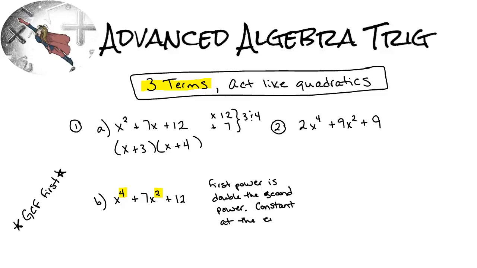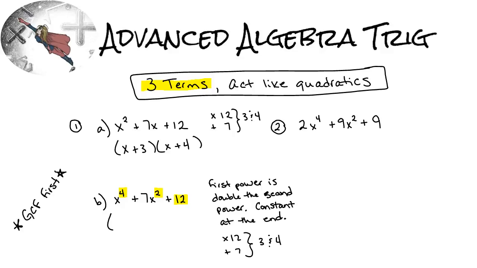That is what you are looking for to decide if it would work like a quadratic or not. So since we have that, we have the first power is double the second power, and the last number, the 12, is a constant. It works exactly the same where it needs to multiply to 12 and add up to 7, which we already knew were 3 and 4.